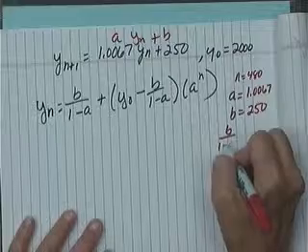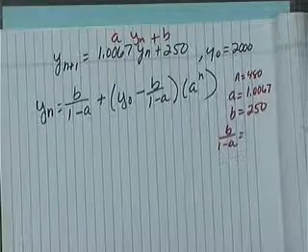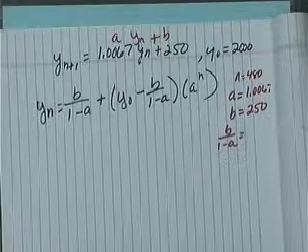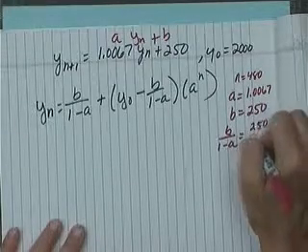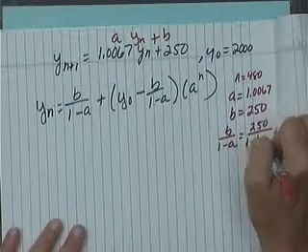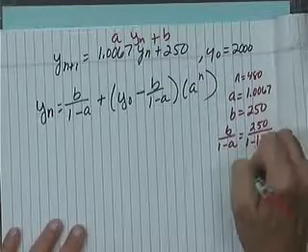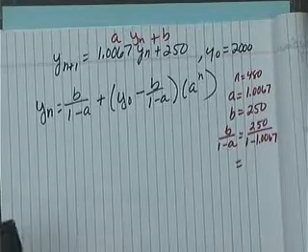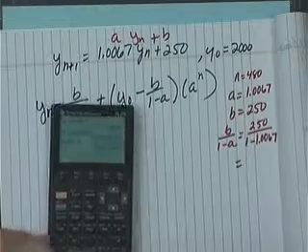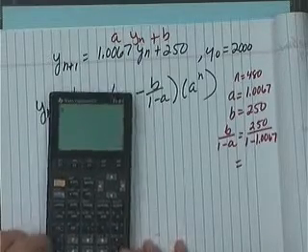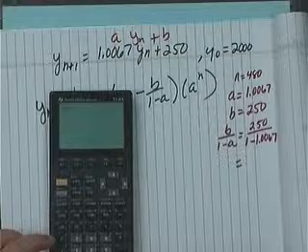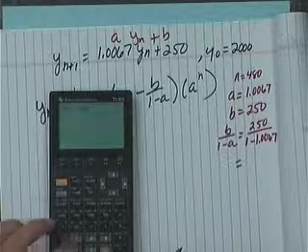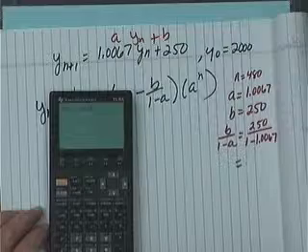Go ahead and figure out what B over 1 minus A is, because if you do this ahead of time and then just put it in your formula, it's going to be easier and you make fewer mistakes. 250 over 1 minus 1.0067. And double check me on the calculator. Make sure I'm not punching in anything wrong. That will be 250 divided by a negative 0.0067.